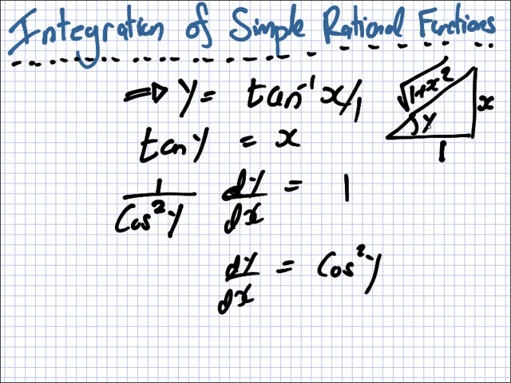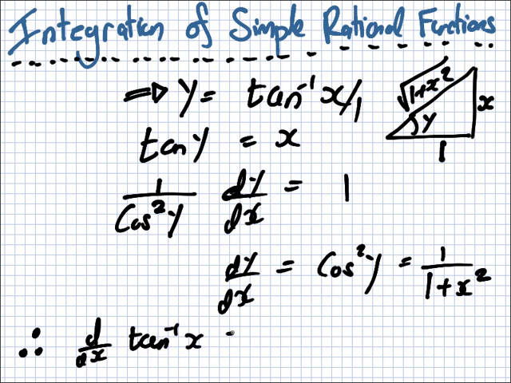Cos y would be 1 over root 1 plus x squared. But I have cos squared y. So that's 1 over 1 plus x squared. The square removed the root here. Therefore, the derivative of tan inverse x is 1 over 1 plus x squared.